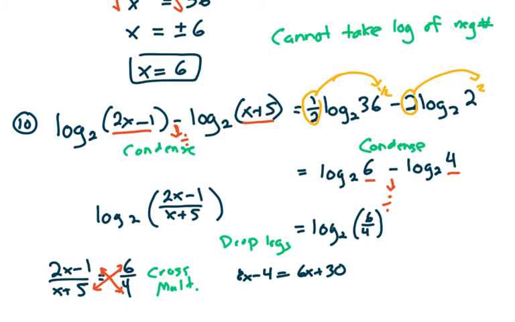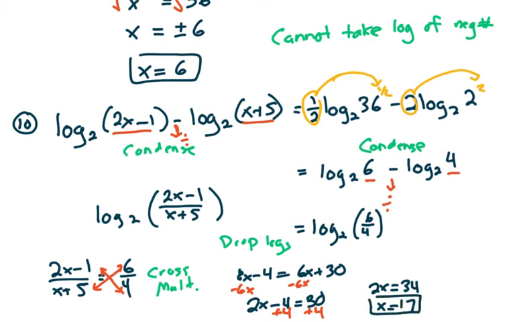And then we'd want to get the x's by itself, so subtract 6x from each side. So 2x minus 4 equals 30. Add 4 to each side. So 2x equals 34, which means x equals 17.